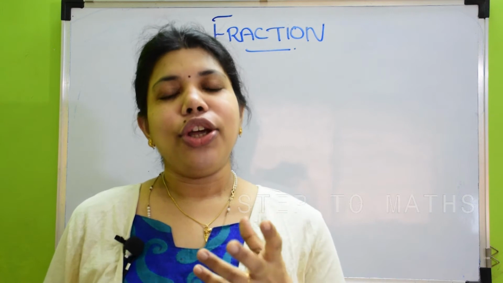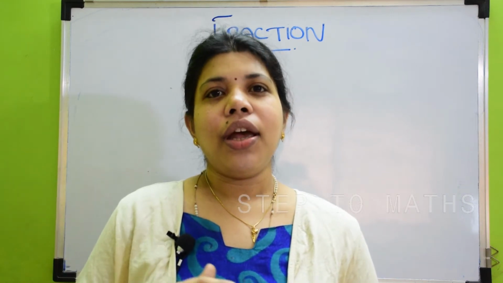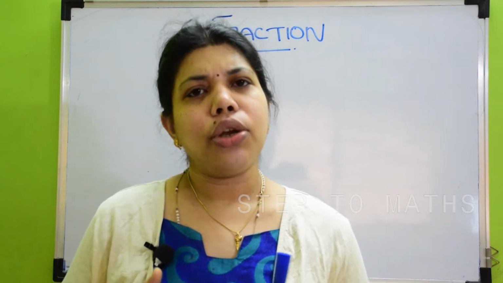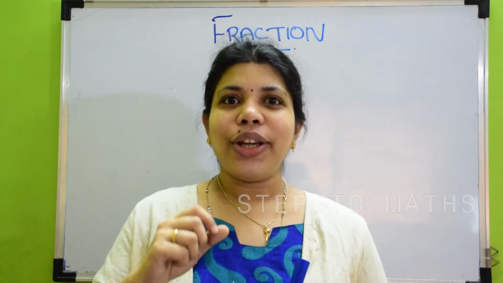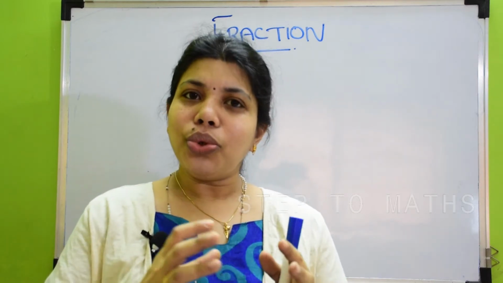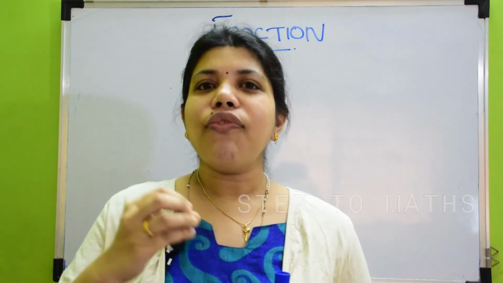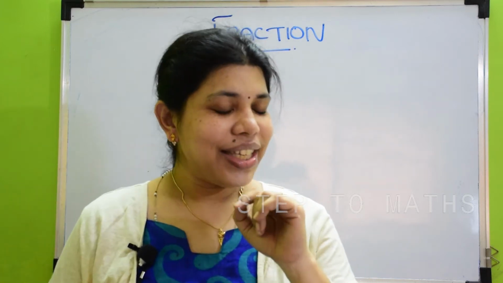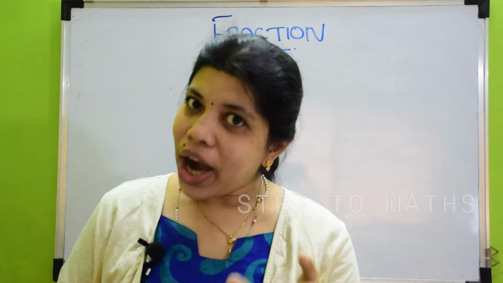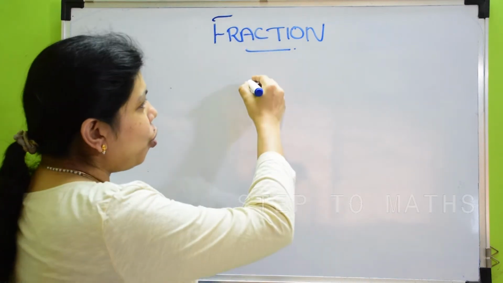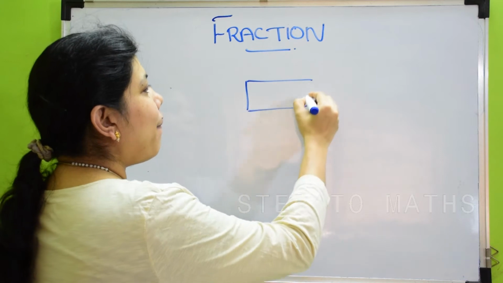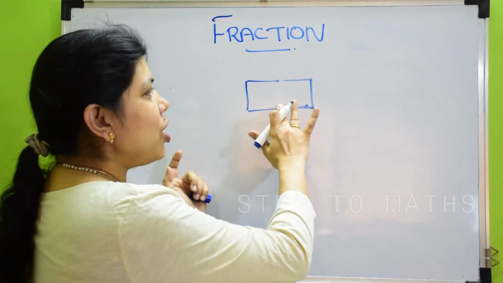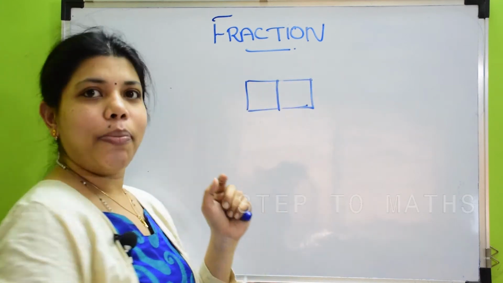Suppose you got a chocolate and you want to share it with your brother, sister or friends. Normally, what will you do? You cut that chocolate into two equal pieces and give one piece to your brother or sister. That means you cut one chocolate into two equal parts, right?